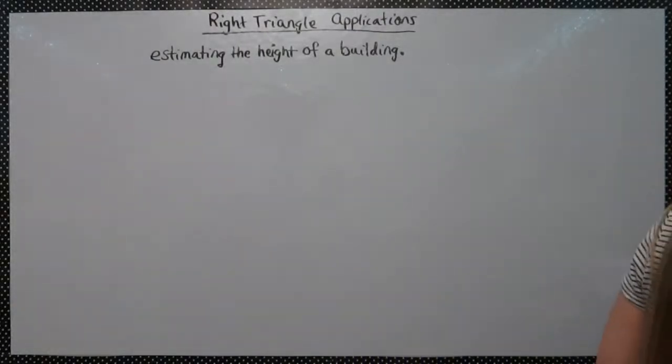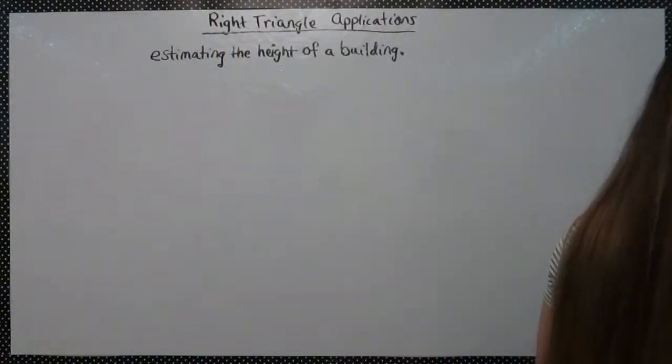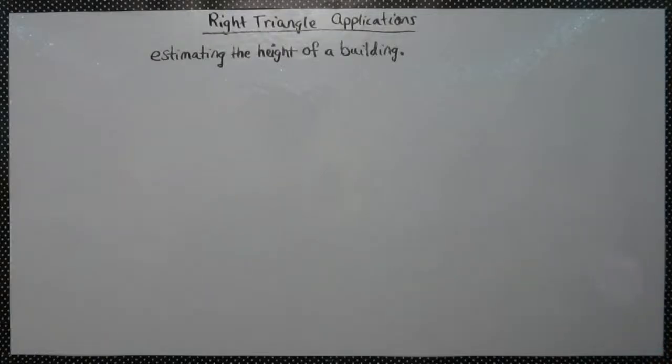And so what we have is, and I don't want to write this whole problem out, but it's a tower that stands on a cliff 653 feet above a horizontal plane.